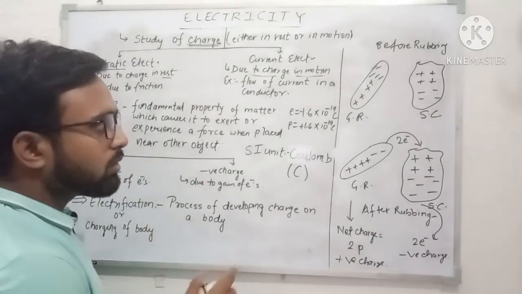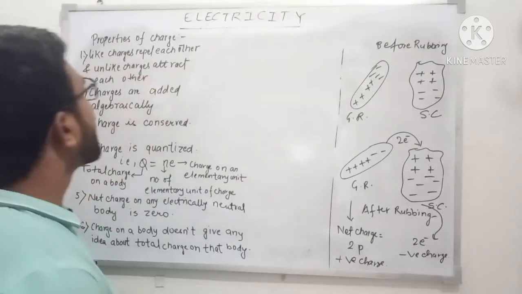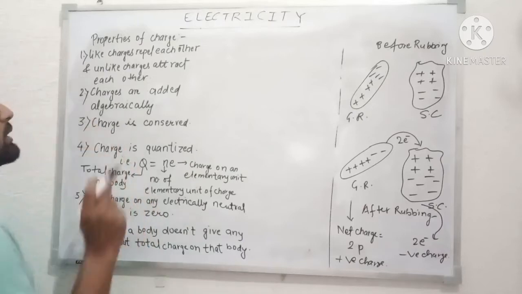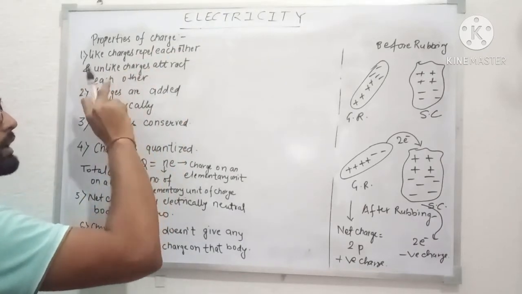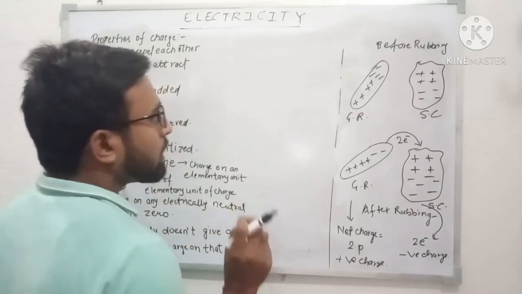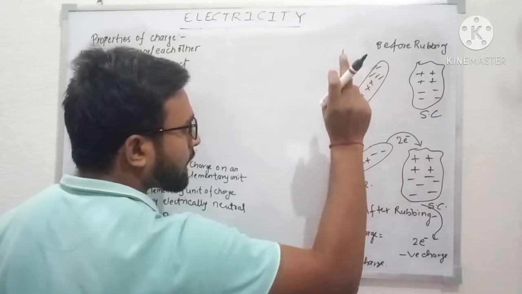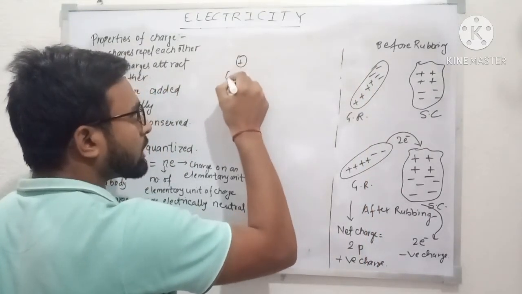Okay, now we will see the properties of charge. First property: like charges repel each other and unlike charges attract each other. What does it mean? When we rub a glass rod with silk cloth, which type of charge is acquired by the glass rod? Glass rod acquires positive charge.